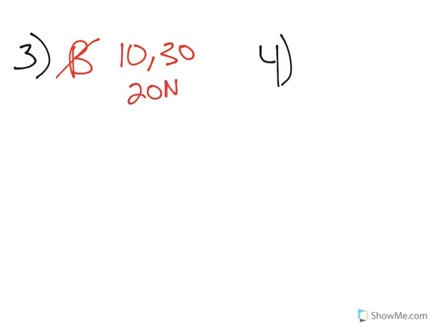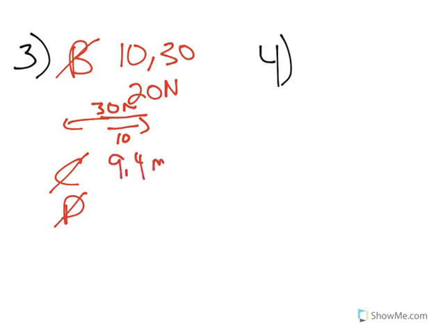Because the smallest possible would be if you did 10 this way and 30 back this way, and the smallest that would give you would be 20. For the same reason, C and D are out, because if you add up these two forces, the max they could possibly be is 9.4 and 9.7, and so you couldn't get it that way either.